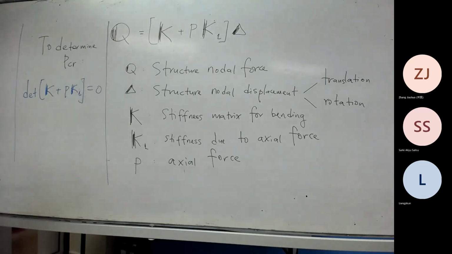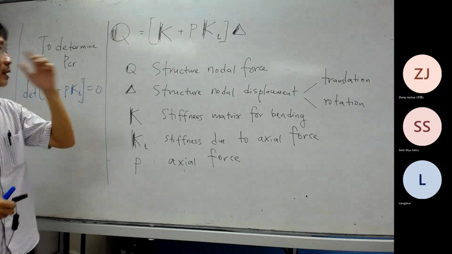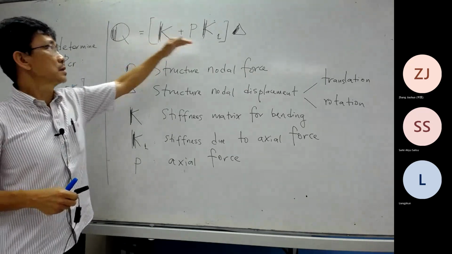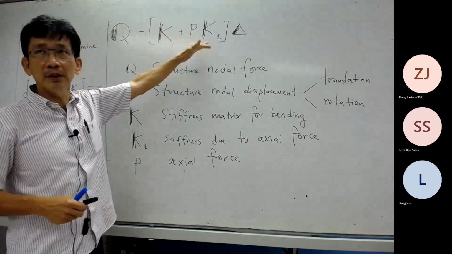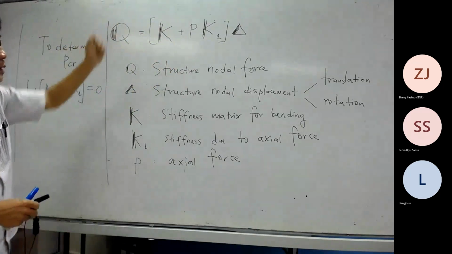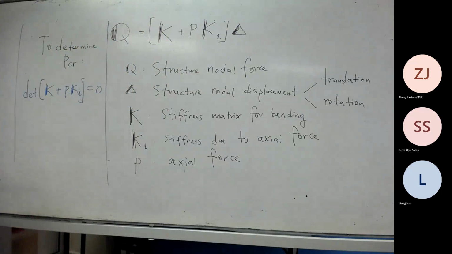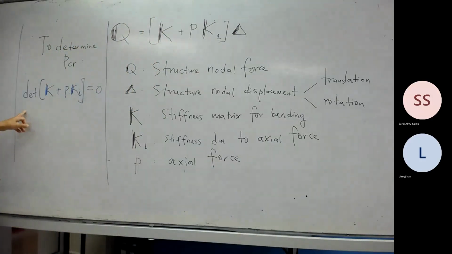So in order to solve, the first thing that you need to know is how to get this structure stiffness matrix, this one plus P multiplied with K1 for the whole structure, starting from the element stiffness matrix, and then apply these conditions.